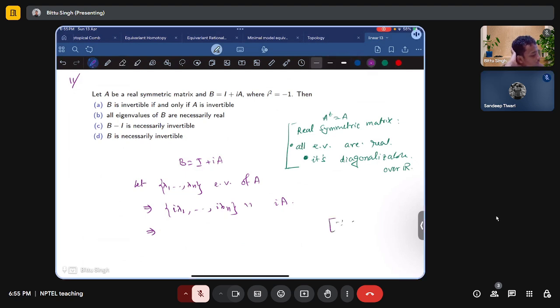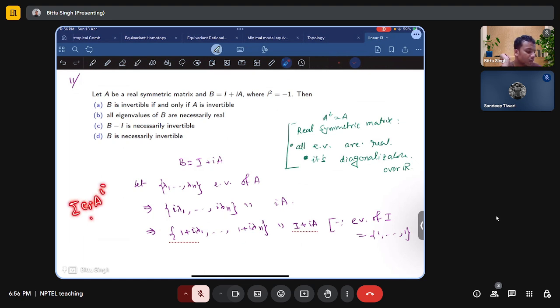We know that the eigenvalues of the identity are all one. Therefore, the eigenvalues of I plus iA will be 1 plus i lambda 1 up to 1 plus i lambda n. It can be written like this because we already know that for the sum of c_i A to the power i, the eigenvalues have the form sum of c_i lambda to the power i.